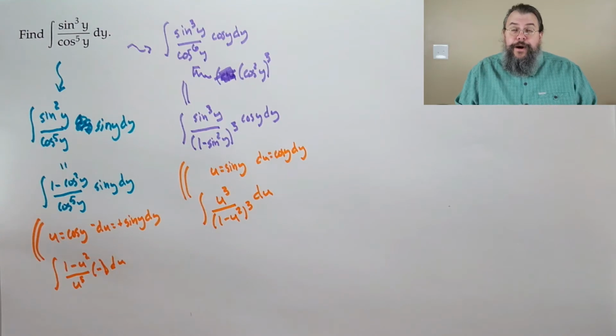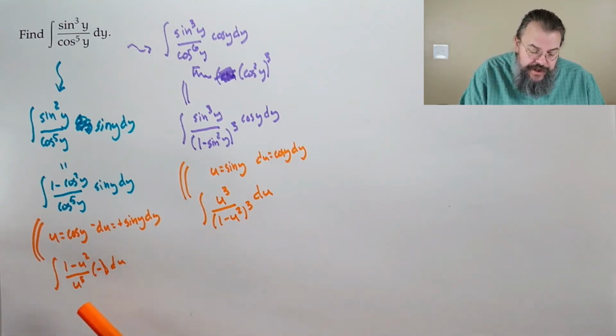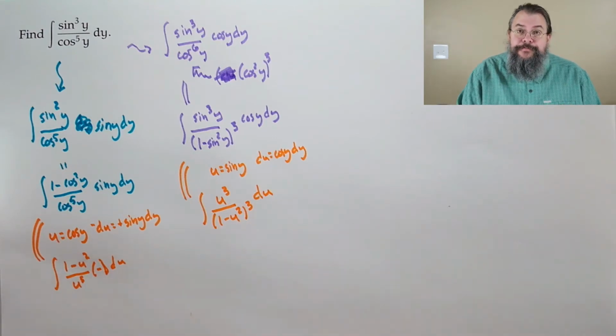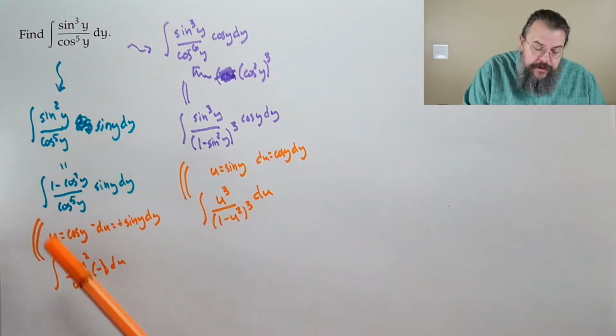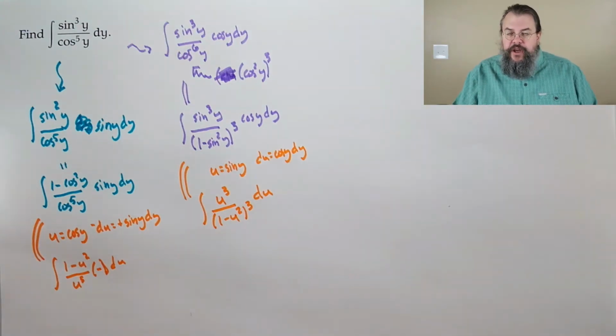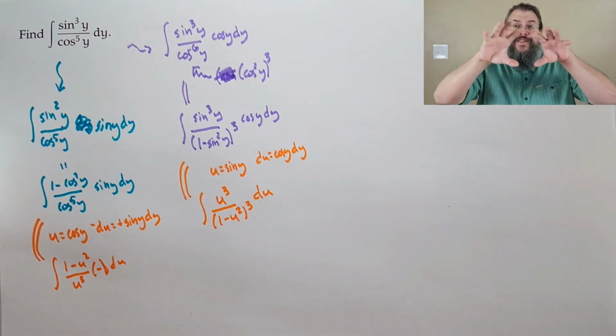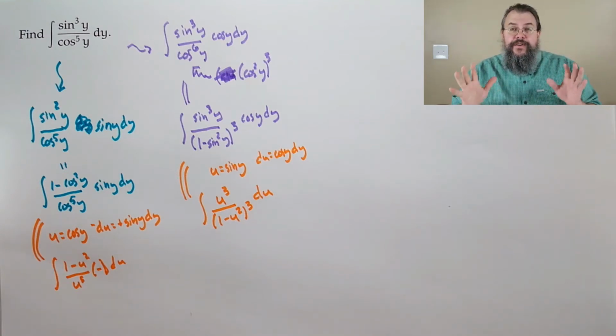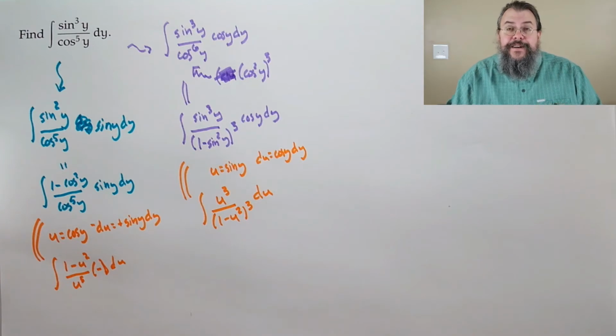And now comes the question. Which integral should we do? Because we're definitely valid in everything we've done so far. So we've taken our trigonometric integral and we said, well, we had two choices and we got down to two integrals which are algebraic.